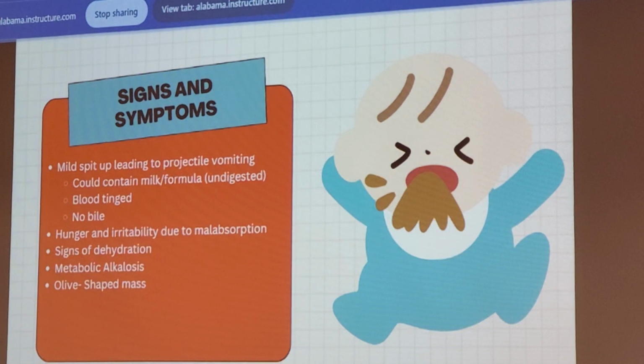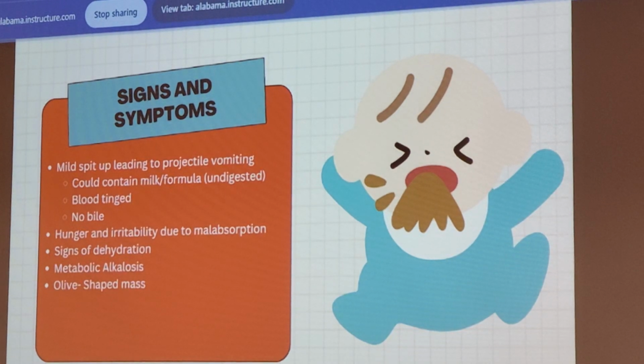The other words I would highlight would be an olive-shaped mass. That's important. When you're doing your physical assessment on your infant and your abdominal assessment, you've already listened to their bowel sounds, and now you're palpating. You're going to feel this real hard, olive-shaped mass in the right upper quadrant, the epigastric area right there.